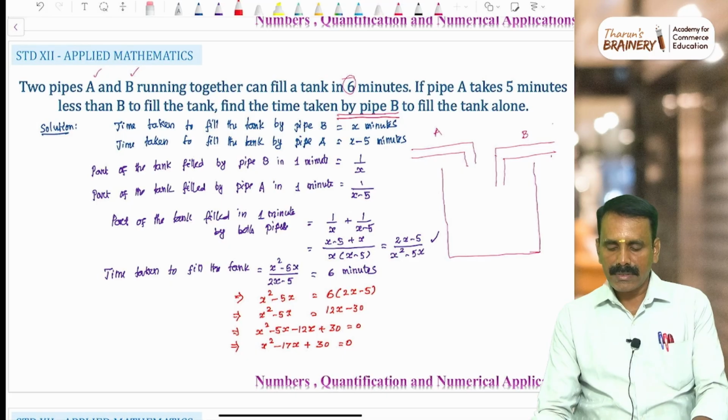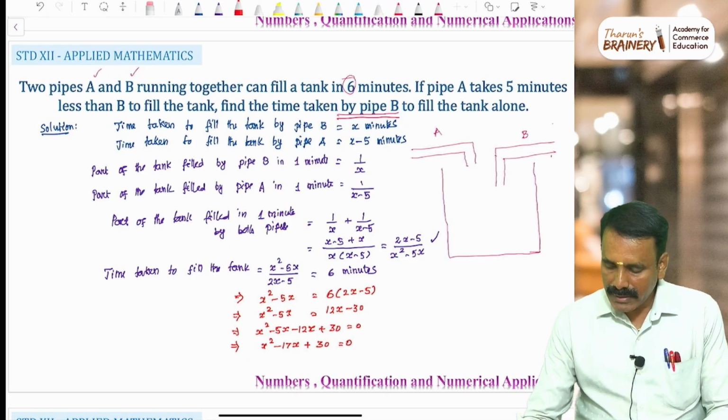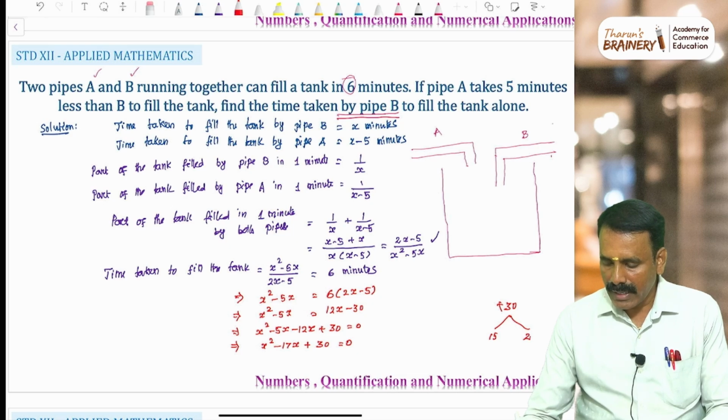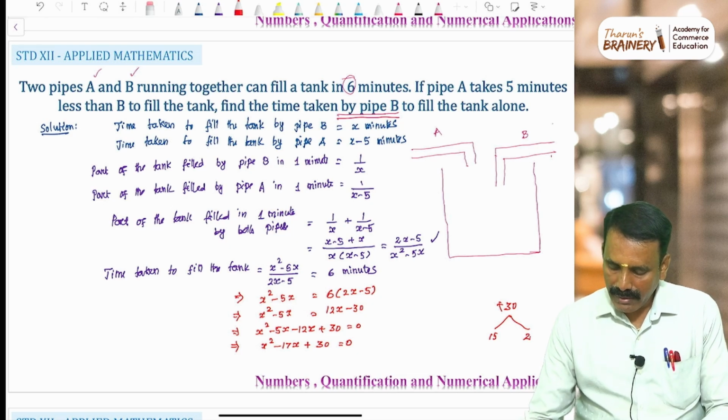So we factorize. When we multiply, we should get 30. It is plus 30. So on addition, we should get 17. So the factors are 15 and 2. And here we are having negative sign, so it is minus. This also minus.